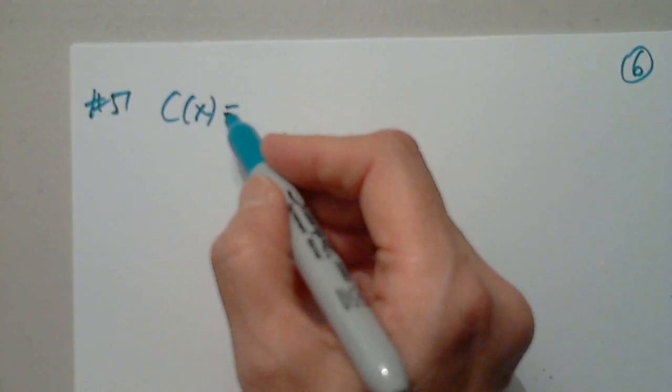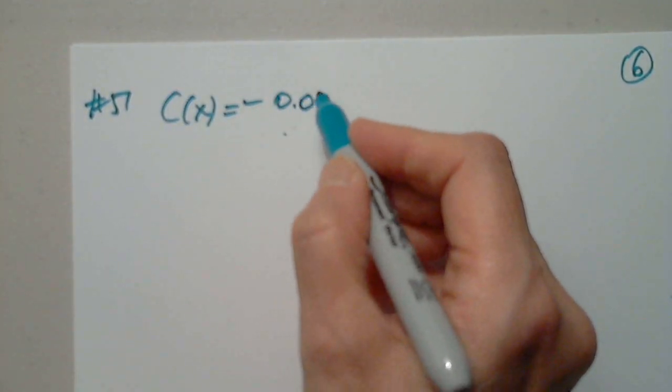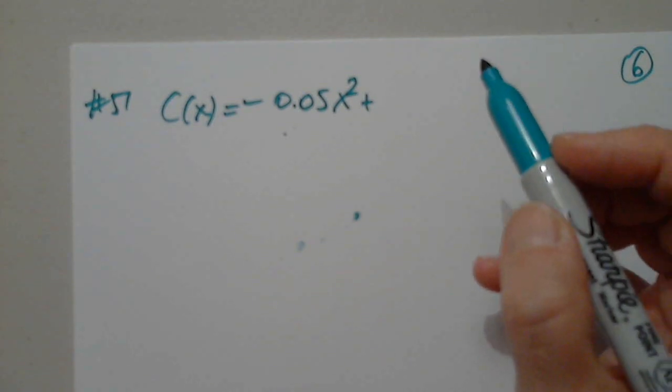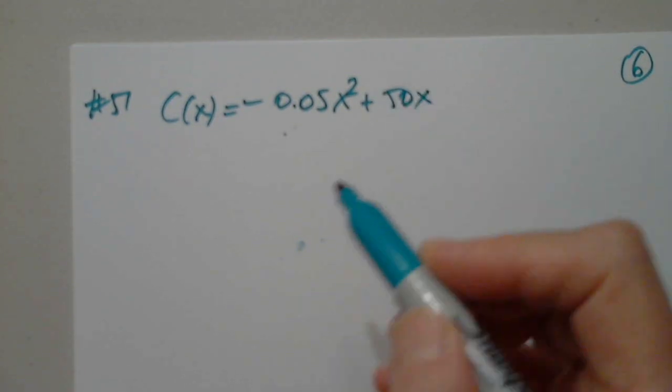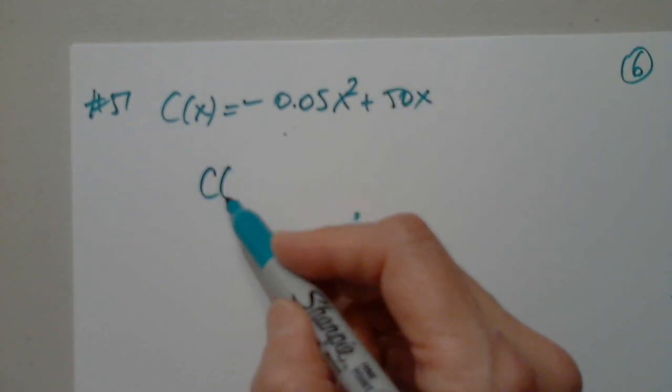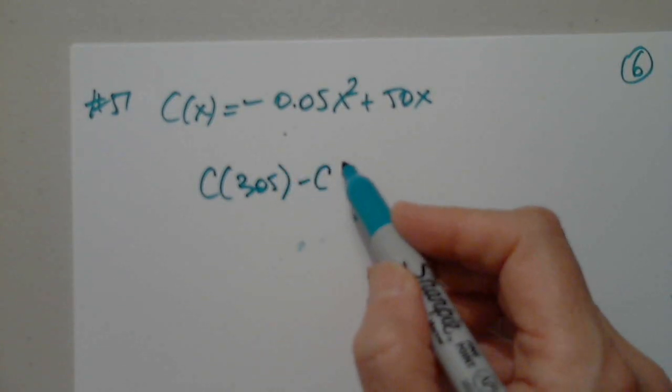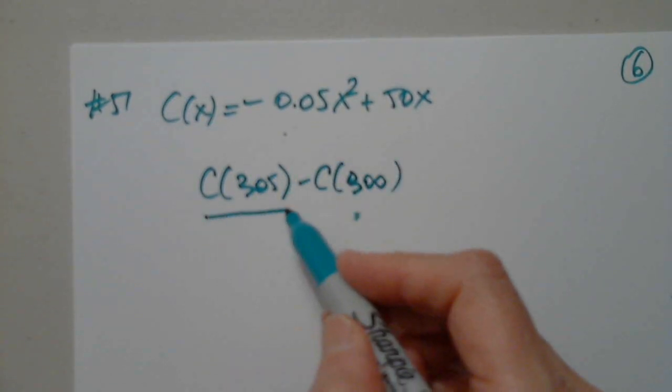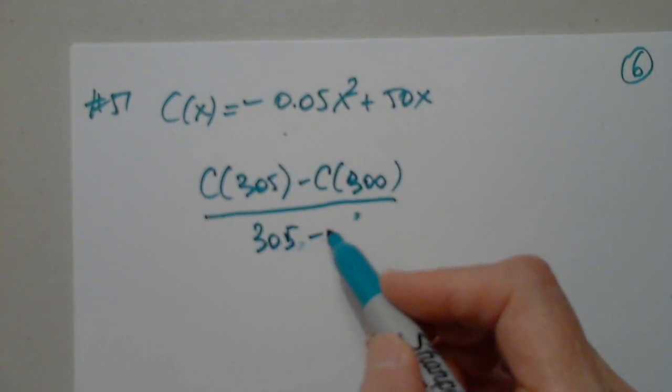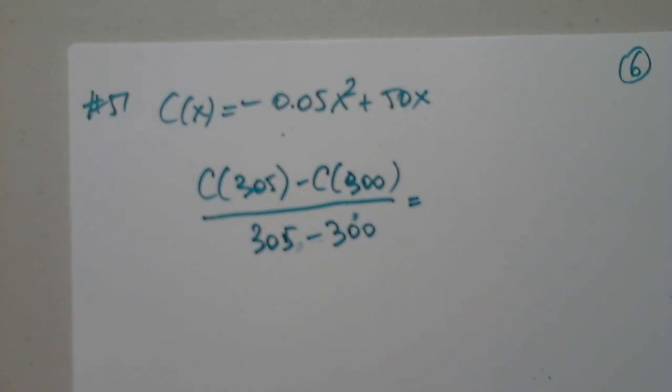C of X is negative 0.05 X squared plus 50X. What do you think this is? What would that ratio represent?